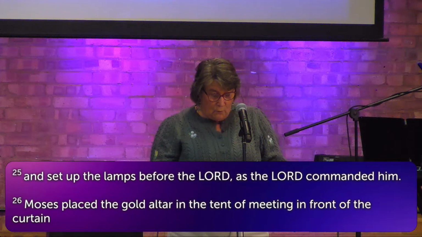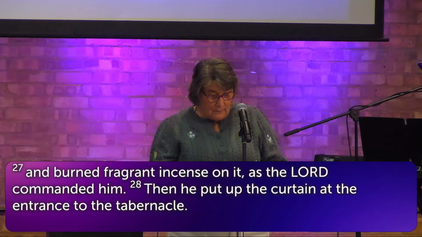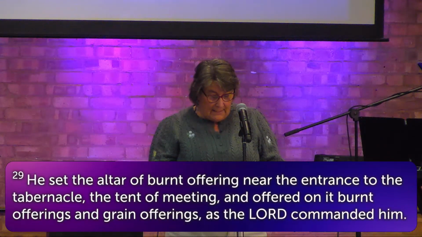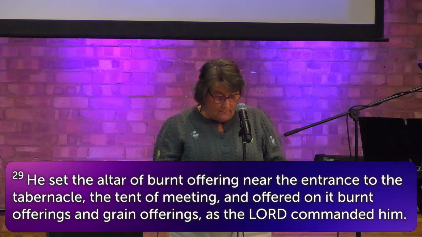Moses placed the gold altar in the tent of meeting in front of the curtain and burned fragrant incense on it, as the Lord commanded him. Then he put up the curtain at the entrance to the tabernacle. He set the altar of burnt offerings near the entrance to the tabernacle, the tent of meeting, and offered on it burnt offerings and grain offerings, as the Lord commanded him.